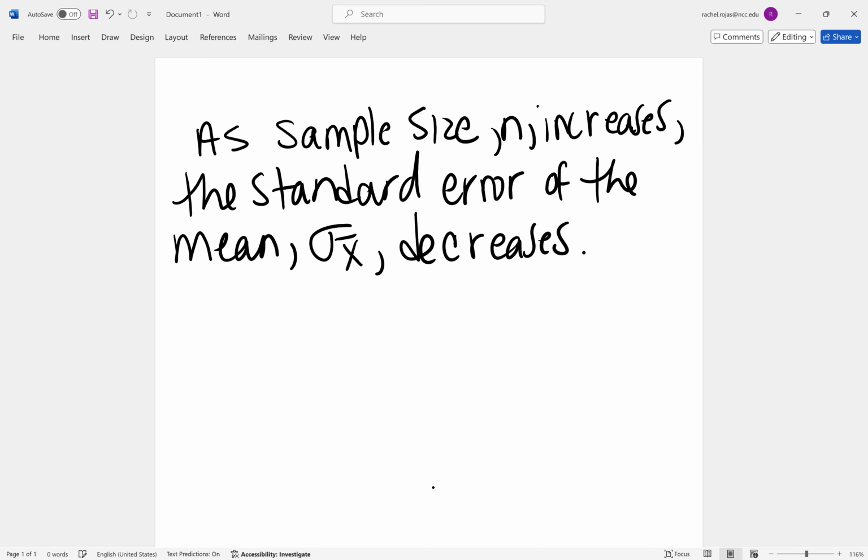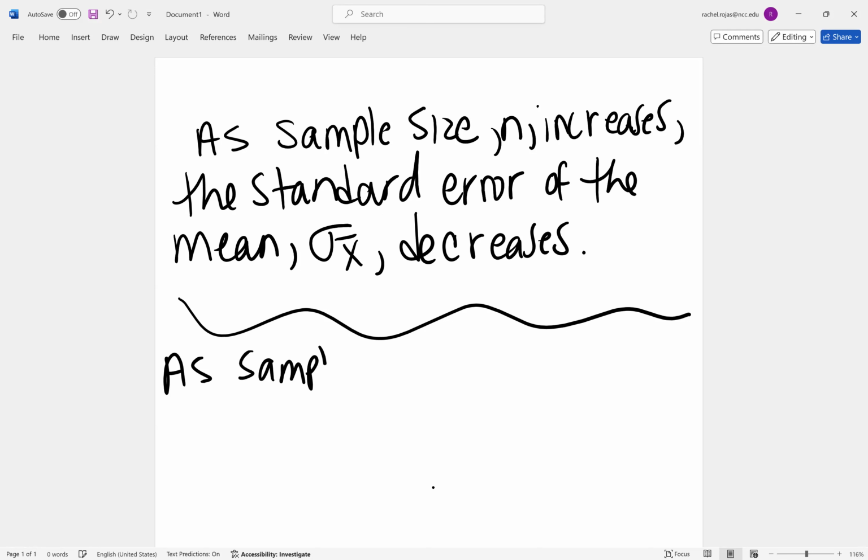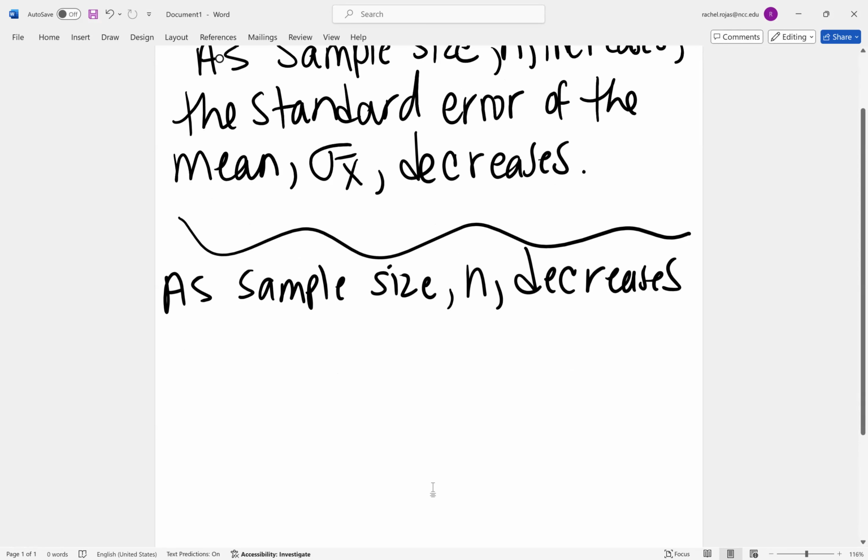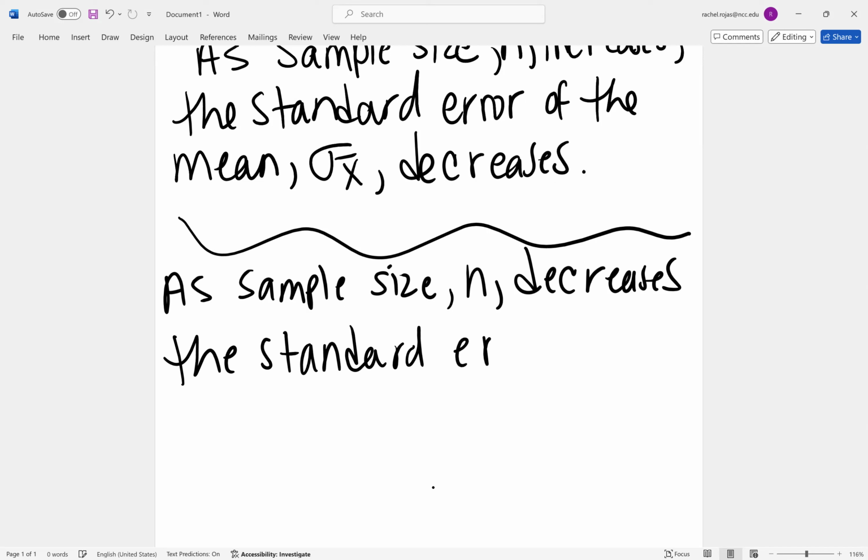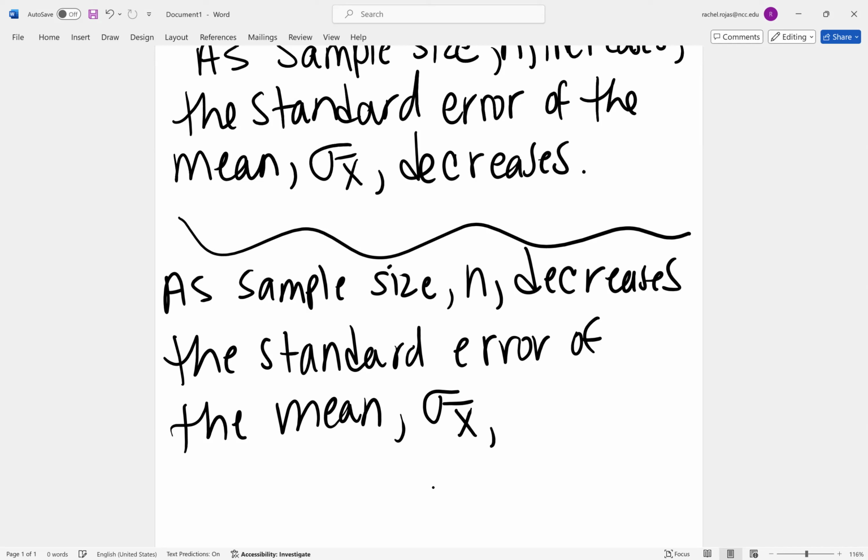It gets smaller. So as the sample size increases, the standard error goes down. As sample size n decreases, just like we saw in this last example, the standard error of the mean, sigma sub x bar, increases.